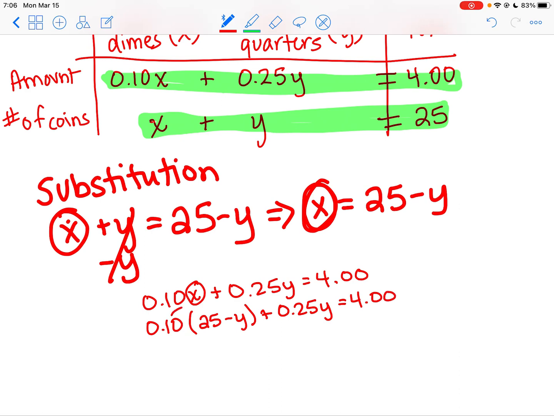Then I want to solve from there. First I need to distribute. 0.10 times 25 is 2.5, minus 0.10 Y is what comes out of the distributive property.